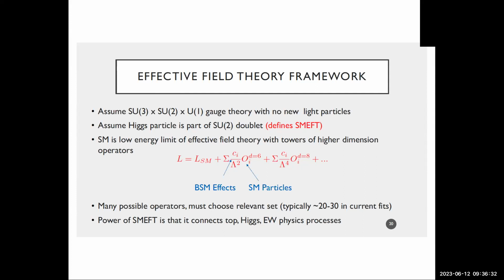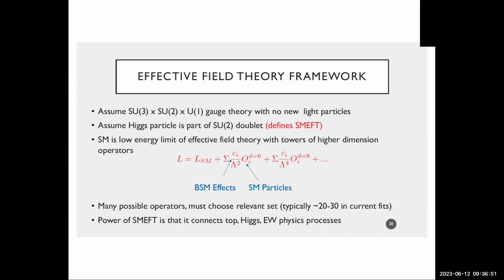So then the standard model, our theory that we're measuring so well at the LHC, is just the low energy limit of some effective field theory at higher energies. So my Lagrangian is my standard model Lagrangian. Then I just make an expansion in towers of higher and higher dimension operators.